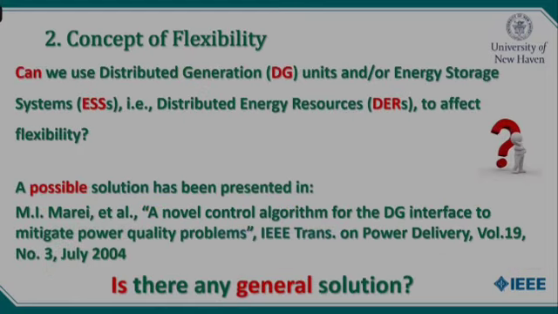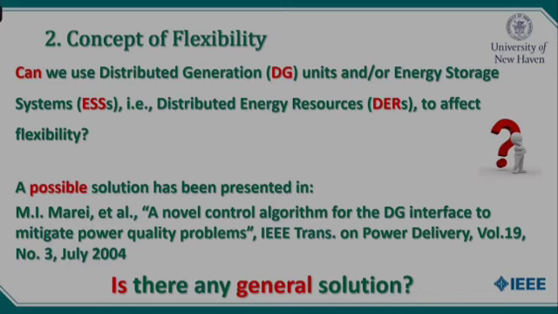In the next slide, we have a question. Can we use distributed generation units and or energy storage systems, that is distributed energy resources known as DERs, to affect flexibility?